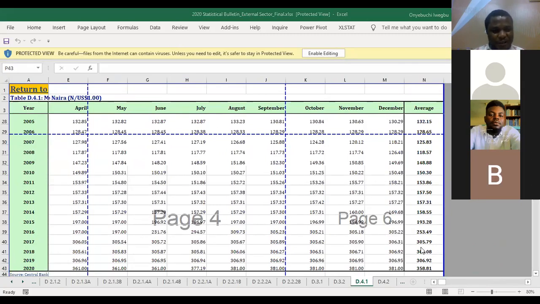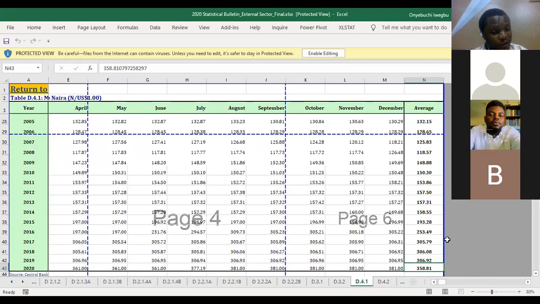You see that exchange rate in 2017 was 305, 2018, 306, 2019, 306, okay? 2020, 358. What does that tell you?